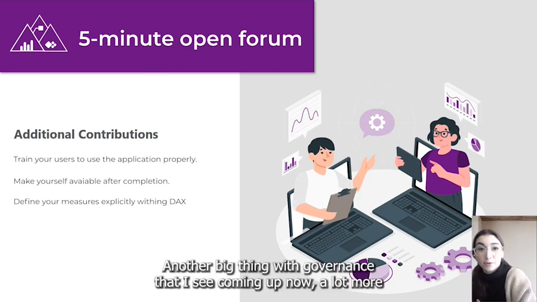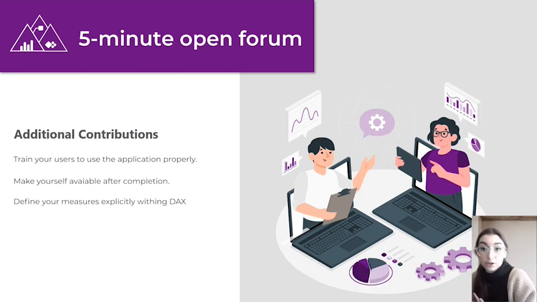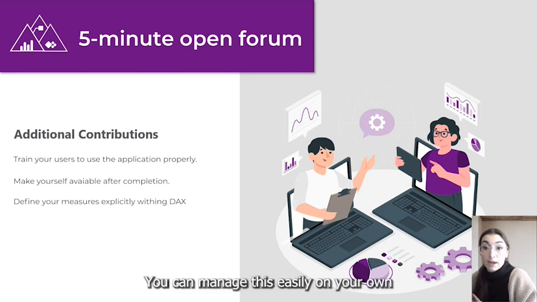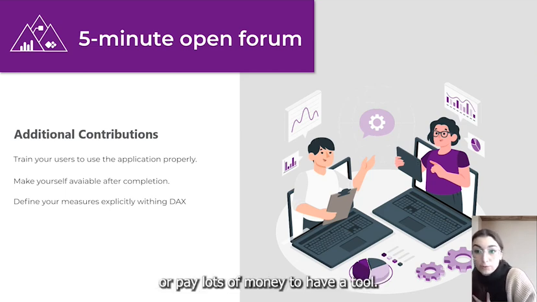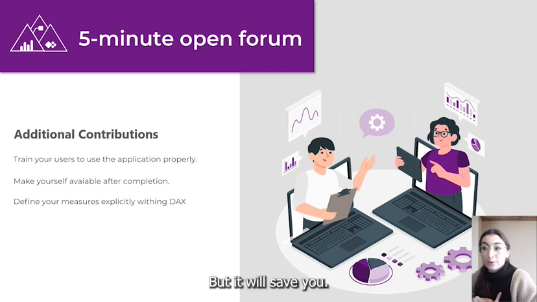Another big thing with governance that I see coming up a lot more now, because data is getting really big, is having a data glossary. You can manage this easily on your own, or pay lots of money to have a tool do it for you and keep it up. But it can save you millions.